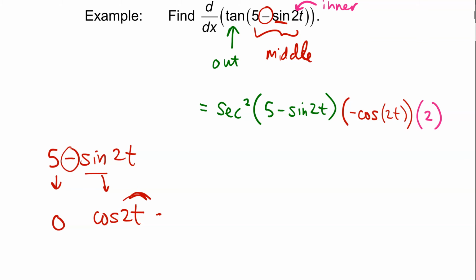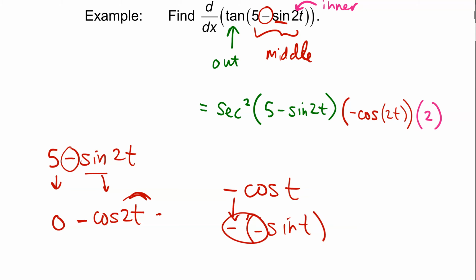Since there's a negative, the derivative of sine is positive cosine, so I have to keep the negative in front. If this was a negative cosine of t, the derivative of cosine is negative sine, so the negative comes down and then it would cancel. That's why I have a negative here, because I had a negative to begin with.